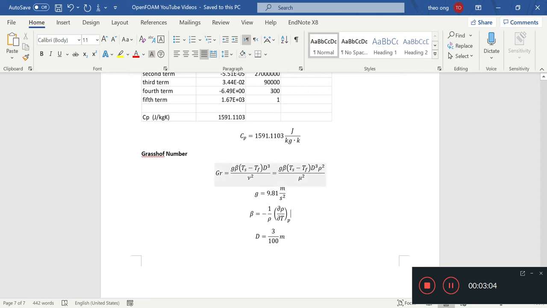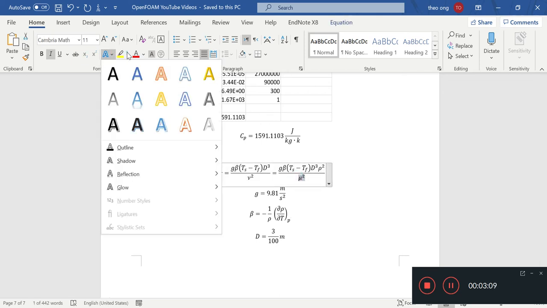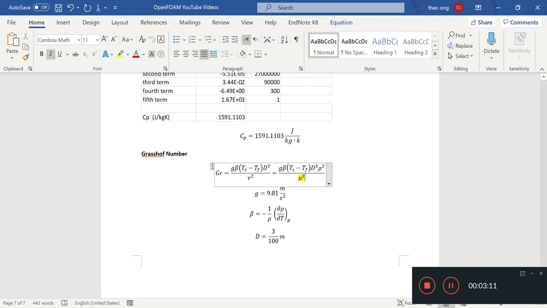So let's just do a checkbox. This is okay. This is okay. This is okay. Temperature's okay. And we just need the density values to calculate the Grashof number.